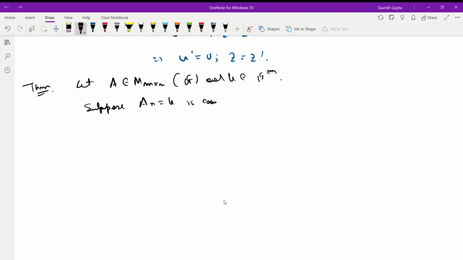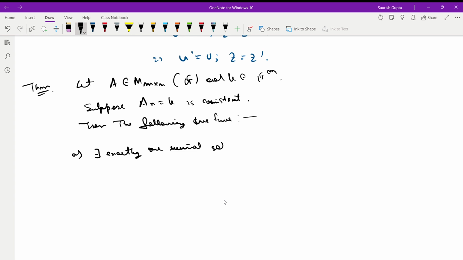Suppose Ax equals B is consistent, that it admits at least one solution. Then the following are true.